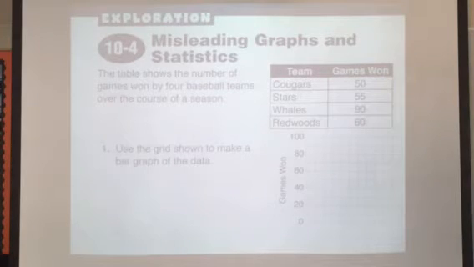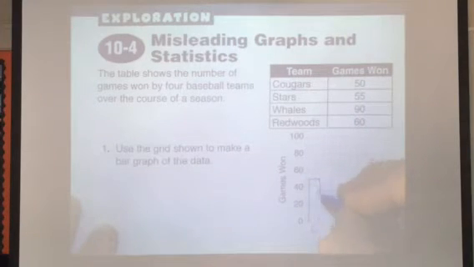The data is cougars, stars, whales, and redwoods. On the very bottom, let's put a C for cougars, an S for stars, a W for whales, and an R for redwoods. For my first bar, cougars is 50, so I'm going to go to 50 and make my bar.